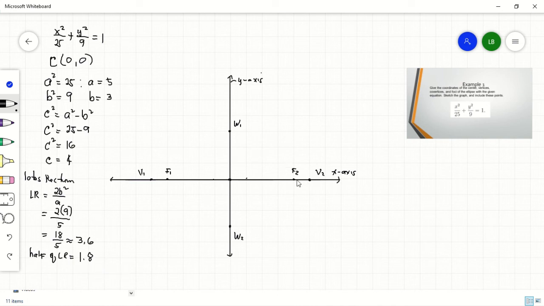So from the focus, we have 1.8, this is 2, so somewhere here, and this here 1. So we can now draw our ellipse.